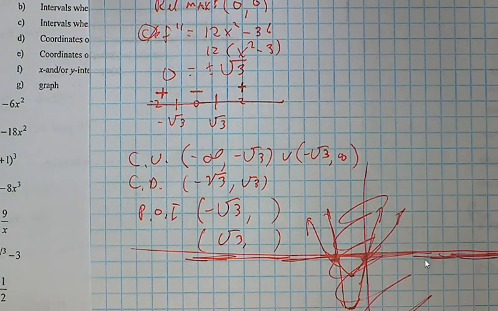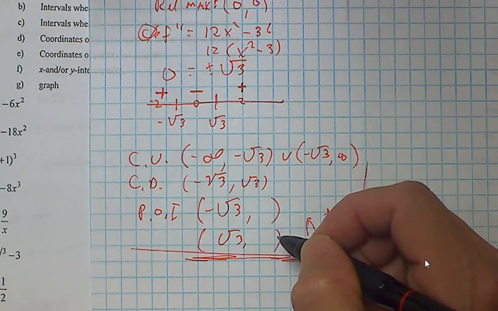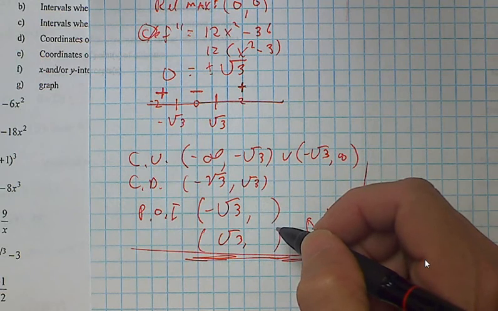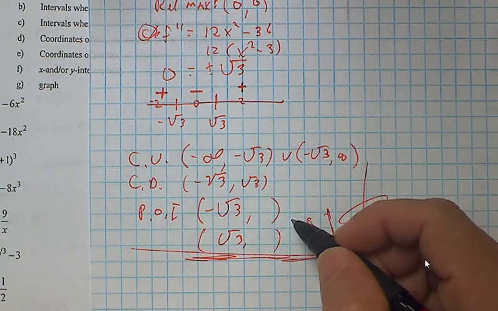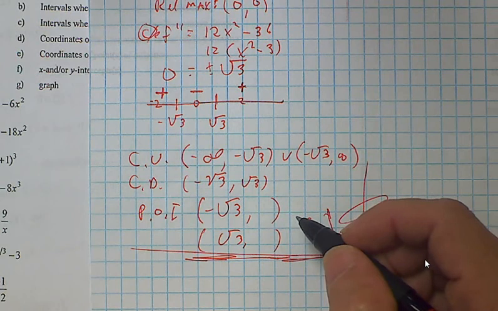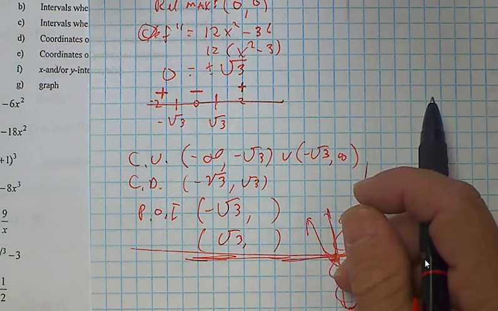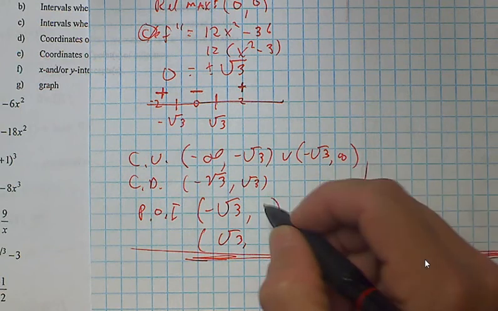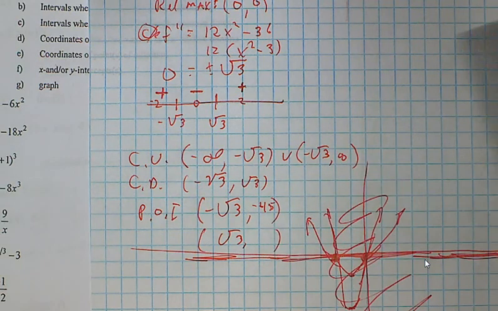Well, no, like negative square root of 3. Negative square root of 3 to the fourth power is going to be 9. Yes. Minus 18 times 3. That's negative 45. Everybody agree with that? And the other one's also going to be negative 45?